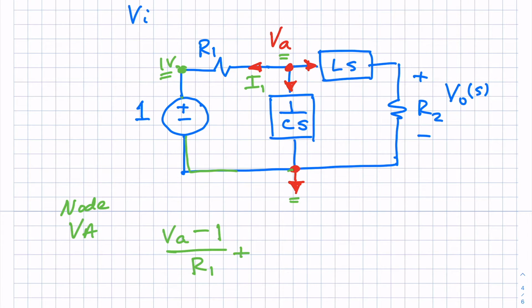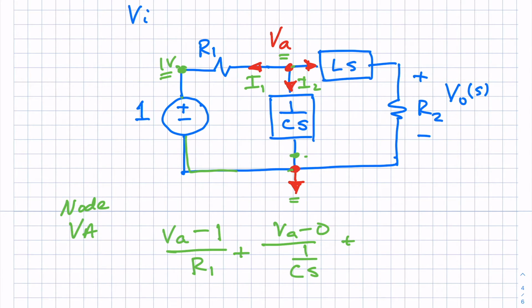Then I add to that VA divided by the impedance, for current I2. The current I2 is VA minus 0, the voltage across the element, divided by the impedance, 1 over CS.